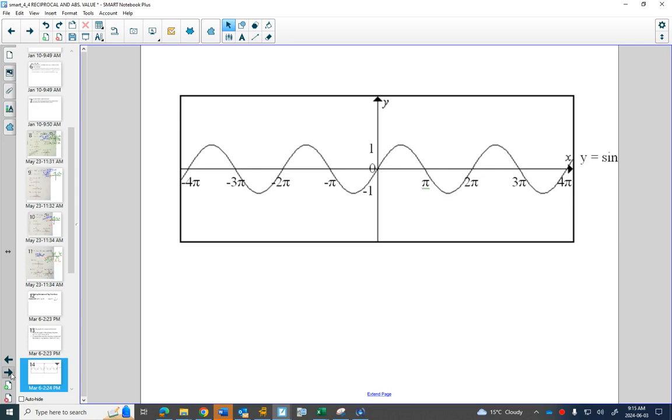And everywhere you have an x-intercept, you're going to have a vertical asymptote. I have one there. I have one here.